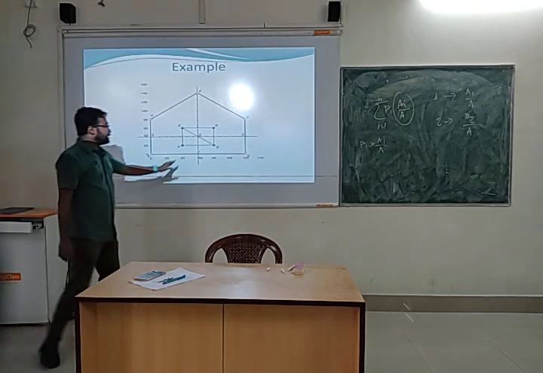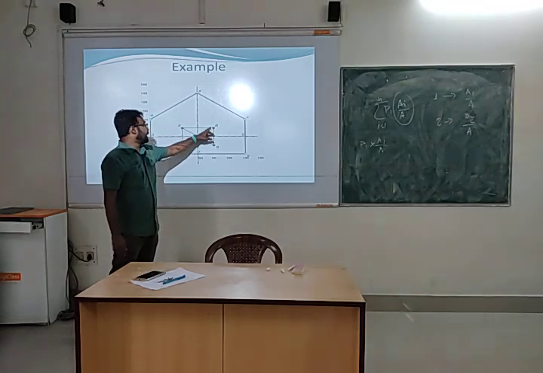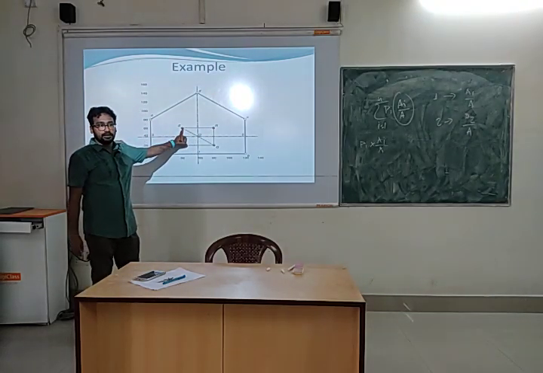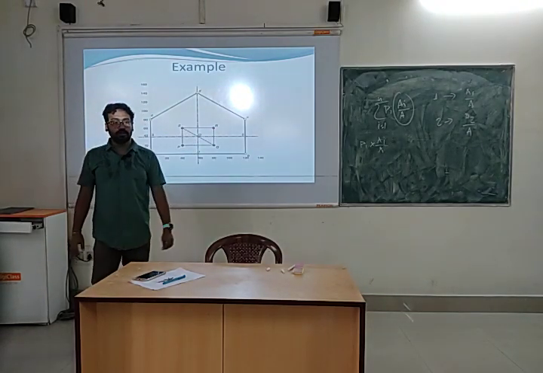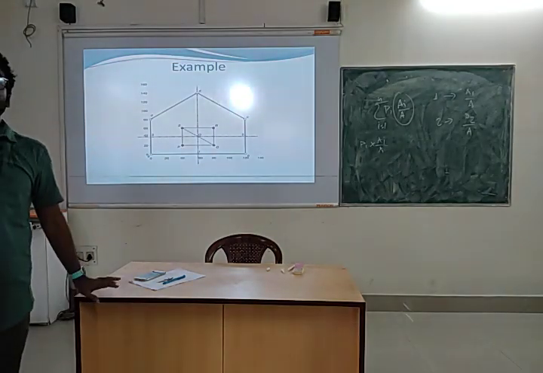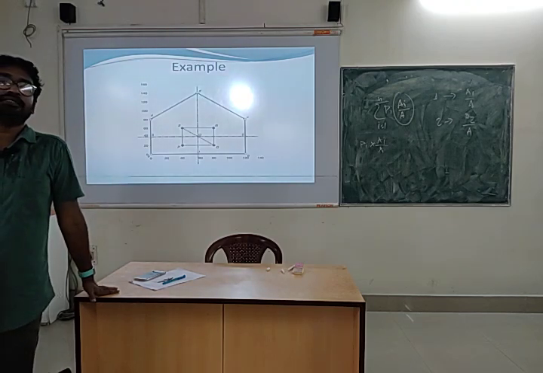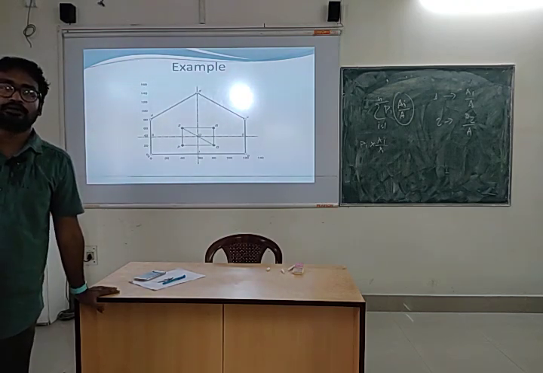Plotting the rain gauge stations, you will get this P, Q, R, S. Now they are saying to find out the average rainfall or average precipitation over the catchment area by Thiessen's polygon method.